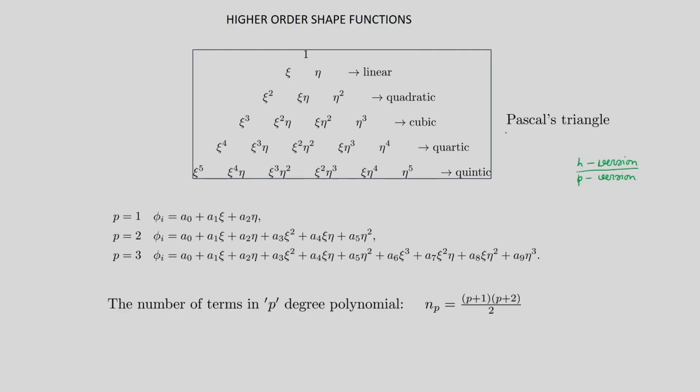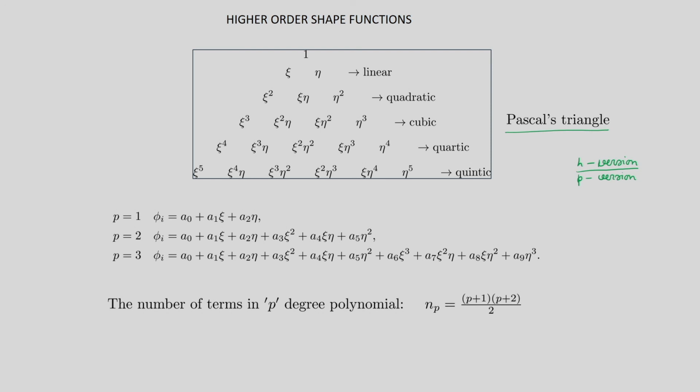So, in order to increase the degree of the shape function in the two dimensional case, we have to find out what are the associated monomials that we have to add to go from linear to quadratic to cubic and so on. Regarding this, there is a guideline which is called Pascal's triangle.